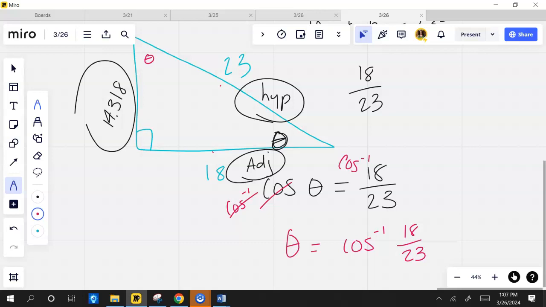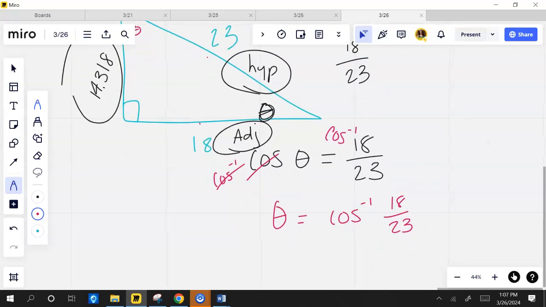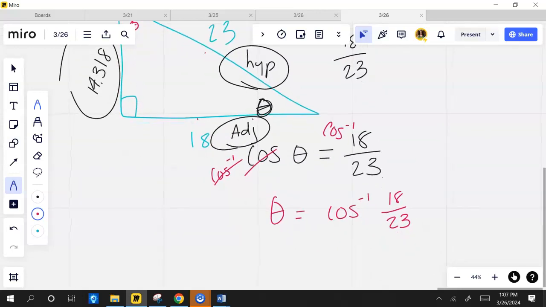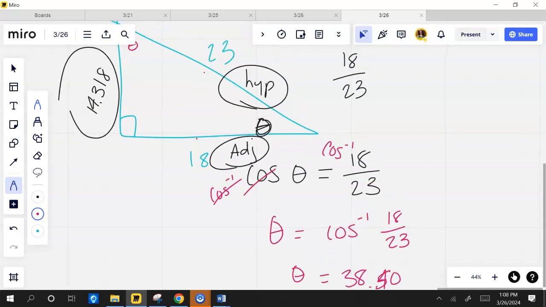I told you no. This is why it's not exactly the same. So second cosine 18 divided by 23, and what do you get? 38, give me 3 places. So 38.5 degrees.